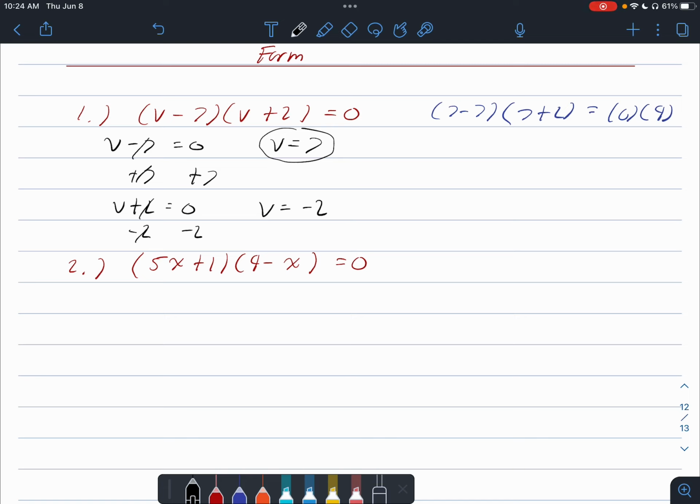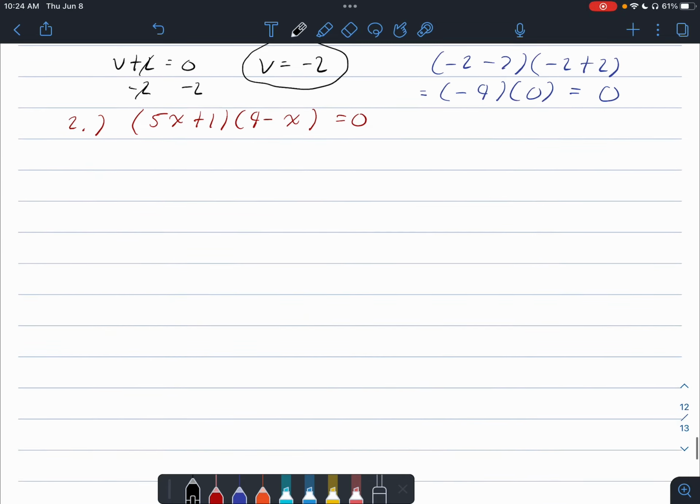If we were to plug in v equals negative 2, we would have negative 2 minus 7 times negative 2 plus 2, and this would be equal to negative 9 times 0, or just 0. So our two solutions for this equation are v equals 7 and v equals negative 2. Either one of these would make this equation equal to 0.